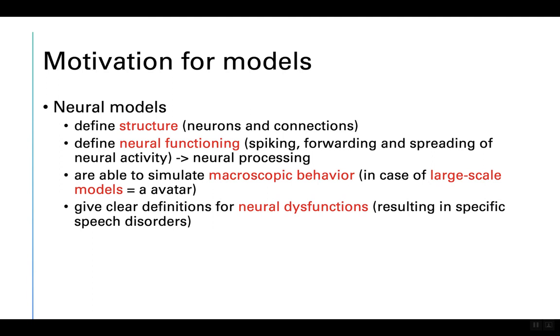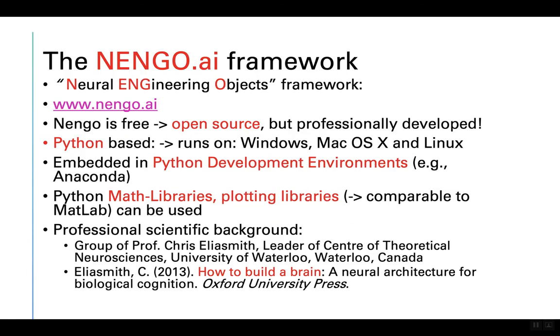And we can give clear definitions for neural dysfunctions because the brain model gives a clear definition of neural functioning. And thus we can relate neural dysfunctions to a resulting behavior, and thus we can relate neural dysfunction to specific speech disorders, to symptoms of speech disorders.